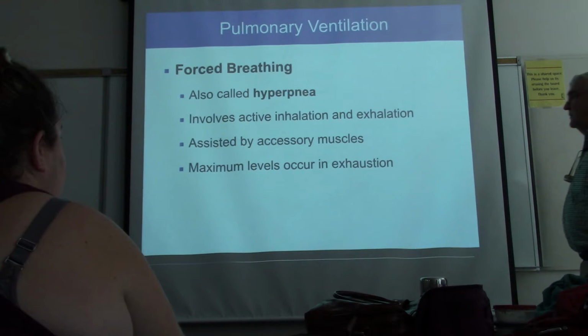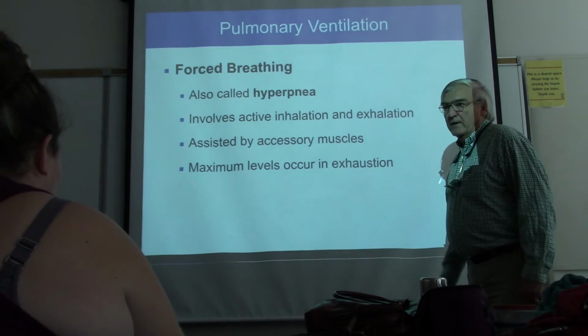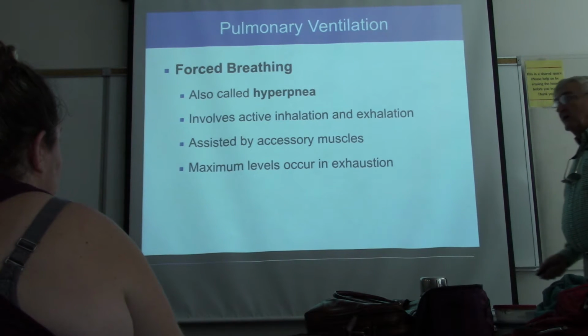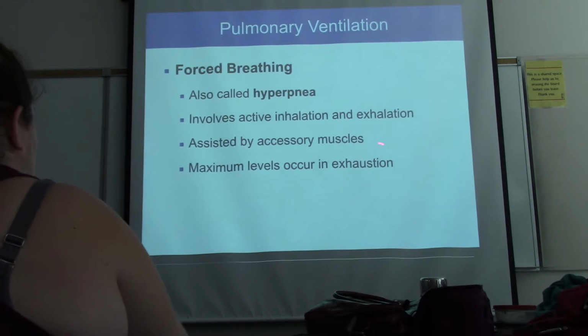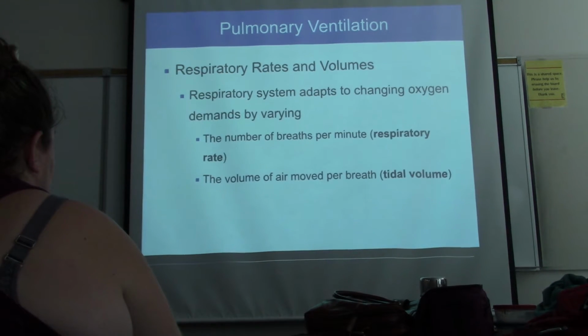Forced breathing is called hyperpnea, another word I've never heard used before. But obviously, if you're exercising, you're going to be doing that. You're going to use all of your accessory muscles to both help you inspire and to help you expire. And at maximum levels, you're going to get exhausted. That fair to say? Or you're going to pass out from hyperventilation. We'll talk about that also.